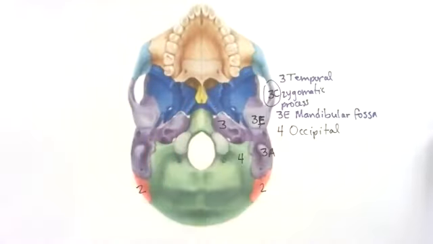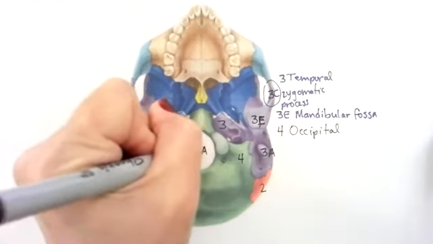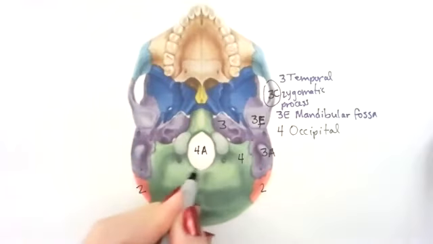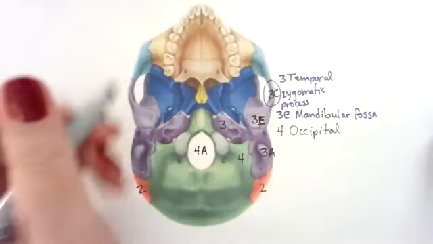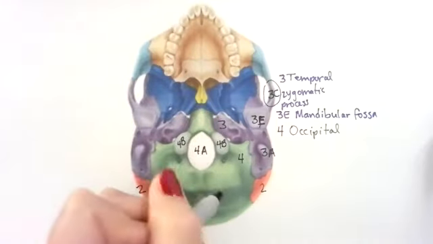The landmarks we want to look at here are 4A, this great big hole, which hopefully you know is going to be called a foramen. 4B is a point of articulation.